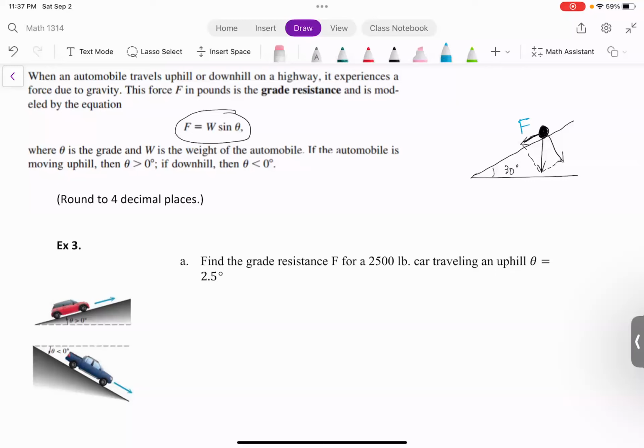I don't need to worry too much about the pressure on the slope, but I need to figure out the relationship between F and the weight of the car, W. So this triangle and this one, they are similar triangles.